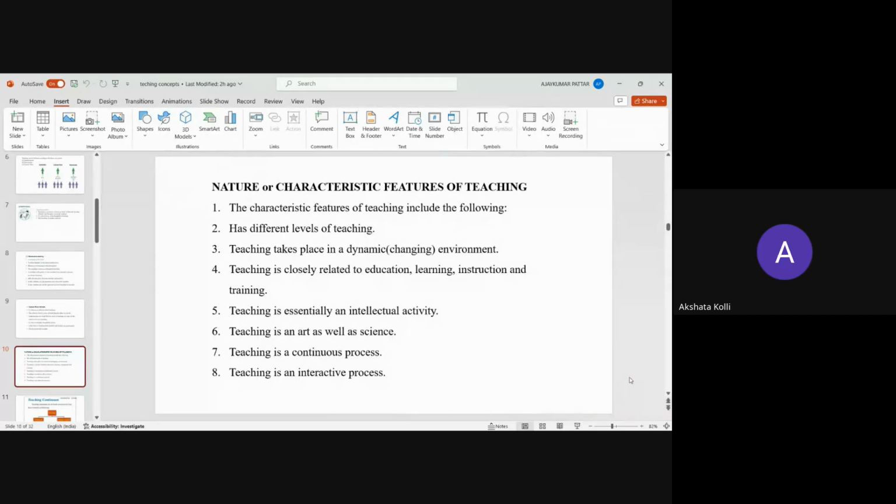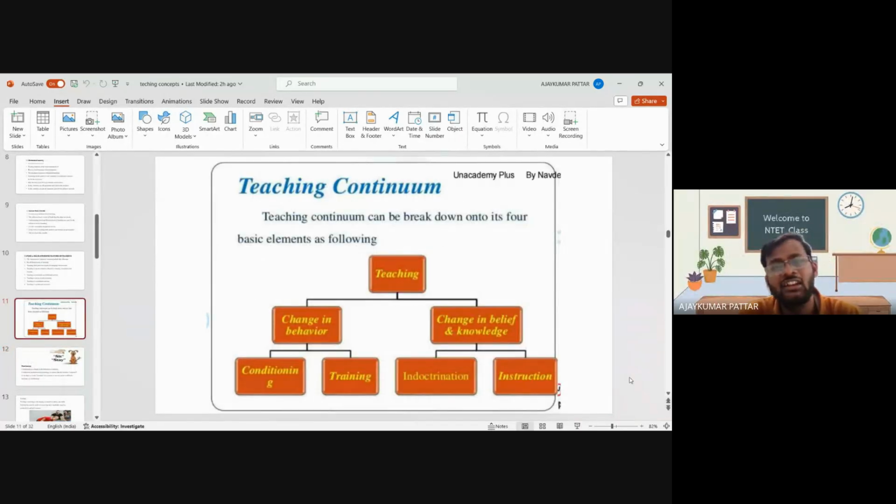Yes, sir. So in a teaching continuum, meaning teaching is a continuous process, basically this teaching we can broadly divide into basic elements as follows. What usually happens after teaching is that it affects learners broadly in two ways.